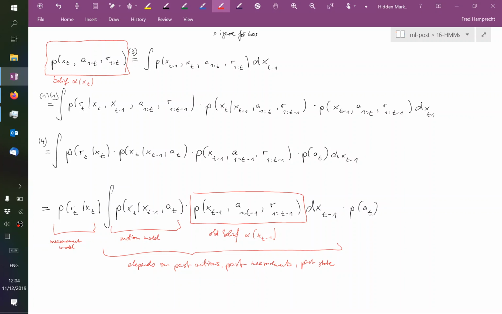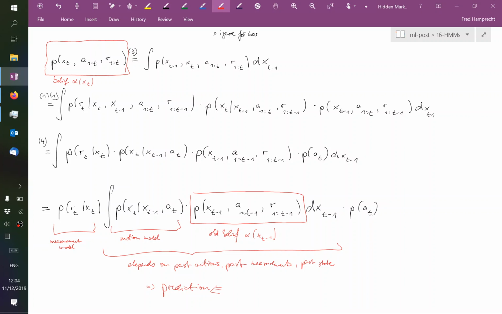So, in other words, this is the best possible prediction of where I can be. This is a prediction. And if I don't have a new measurement, then the prediction is the best thing I have.